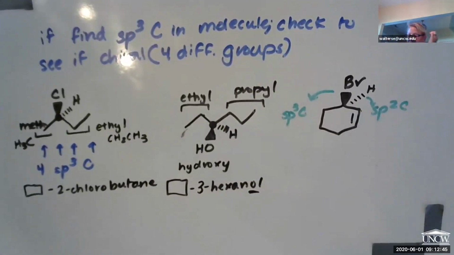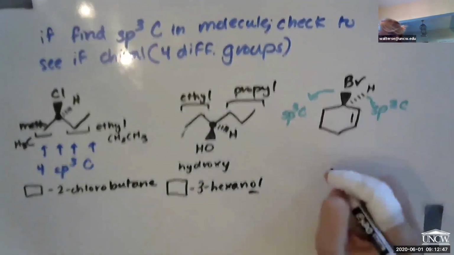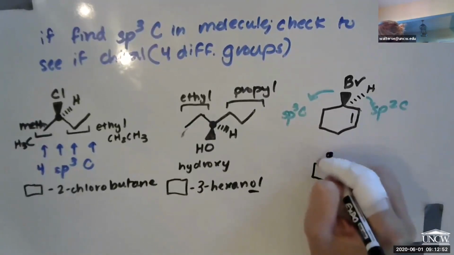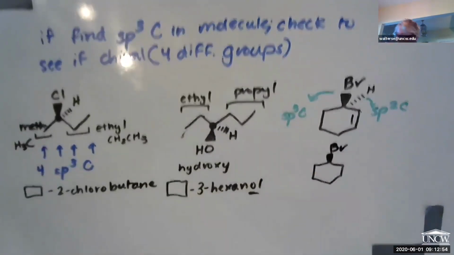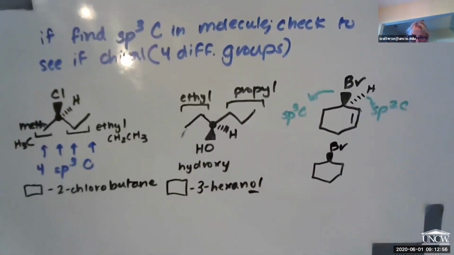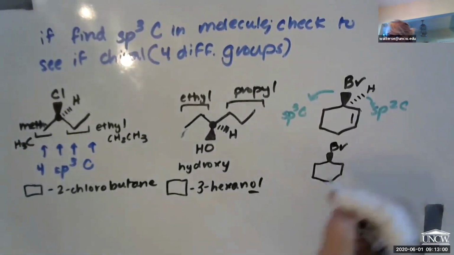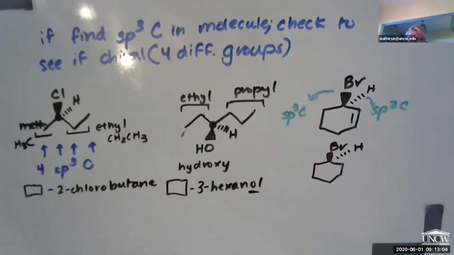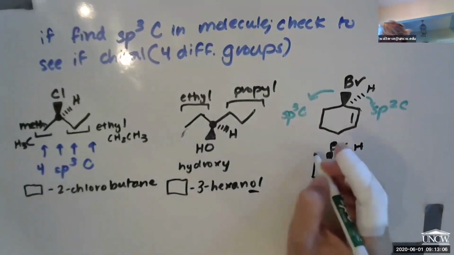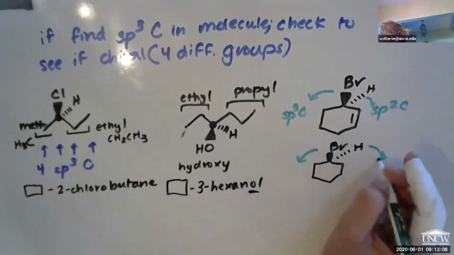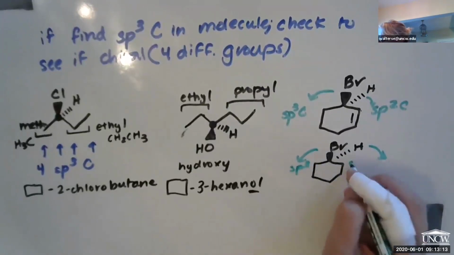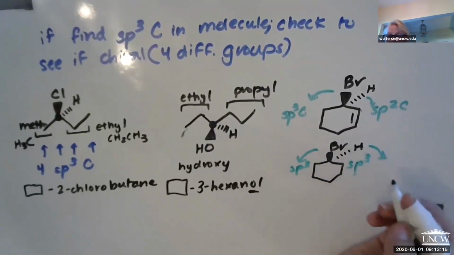Now, in the absence of that pi bond, things are a little bit different. If you drew it like this, but left off the pi bond, then what you would have to do, and you can convince yourself of this, is when you go around both sides, this way and this way, you have an sp3 and an sp3.